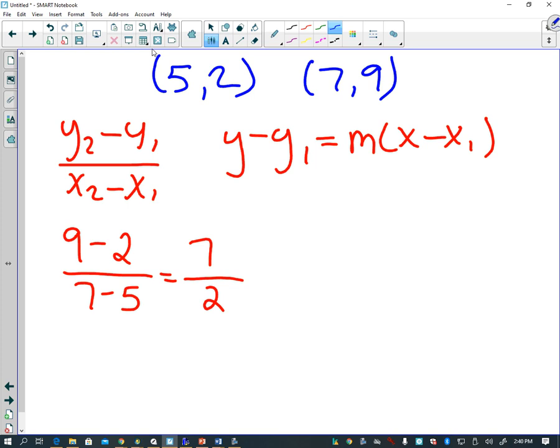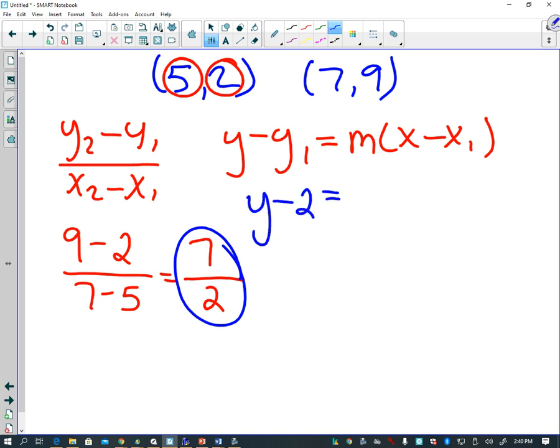You want to use 2. Okay, fine. What about m? Okay, 7 over 2. Anything for x? No? Okay. What about x1? 5. Okay, so we're going to substitute those values in. So I got y minus 2 equals 7/2 (x minus 5).